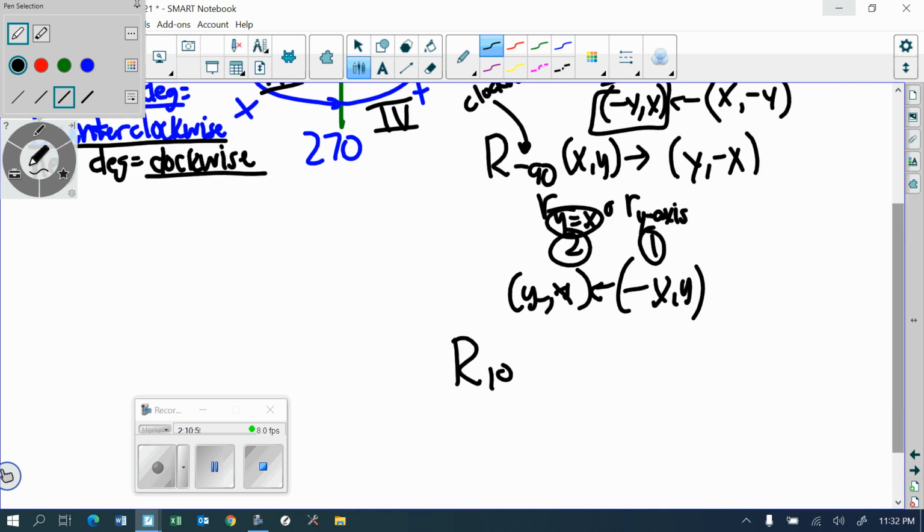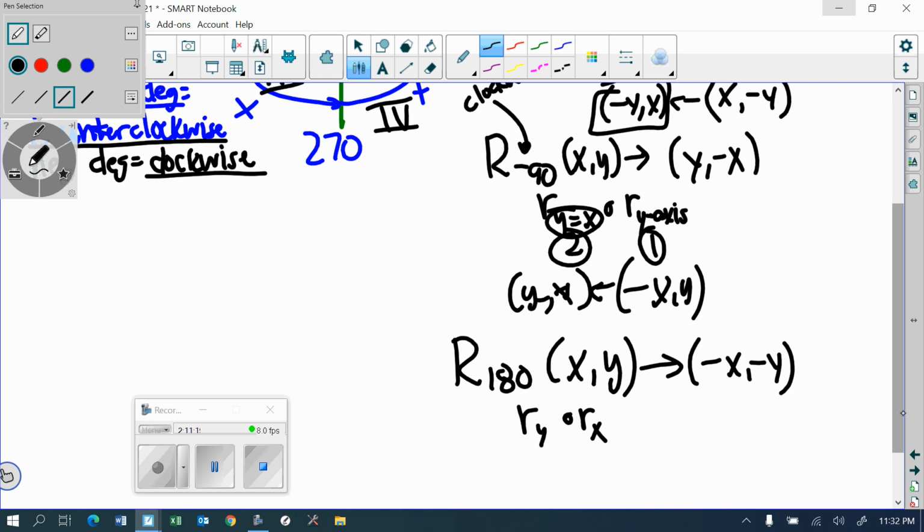All right, we have rotation of 180. So I'm going 2 quadrants away. A rotation of 180 is a reflection over the y-axis following a reflection over the x-axis, or I could switch and go reflection over the x-axis following the y-axis. All that does is take the opposite signs of both. So rotation of 180 is negative x, negative y.